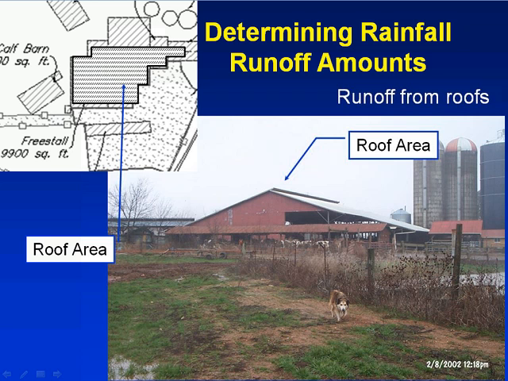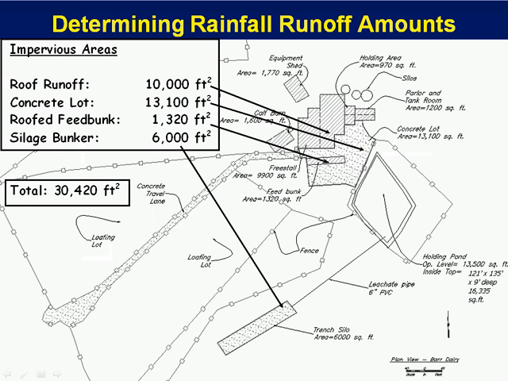Here we've got a dairy, and we've got a significant amount of roof area. In this example farm, we had about 10,000 square feet of roof, and then some other impervious areas: concrete, roof feed bunk, and silage bunker. Total of about 30,400 square feet of area.